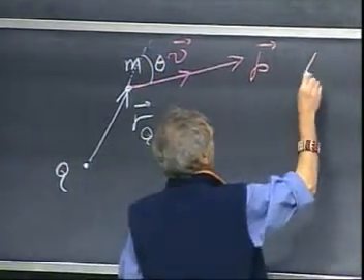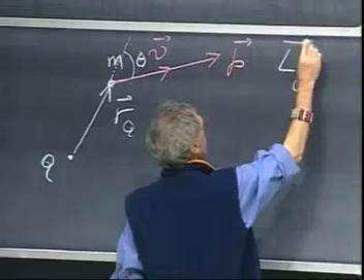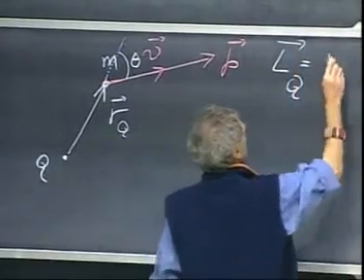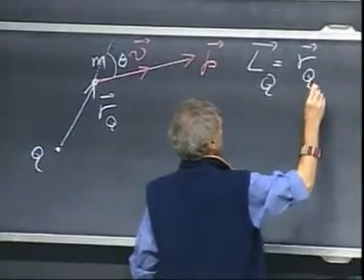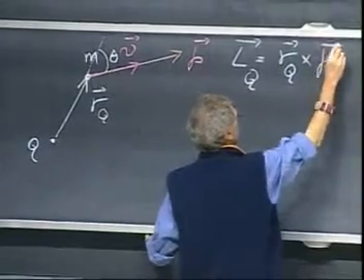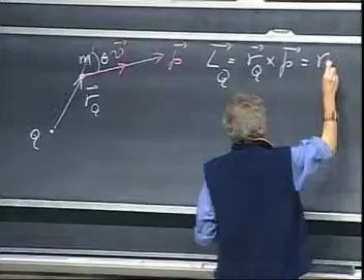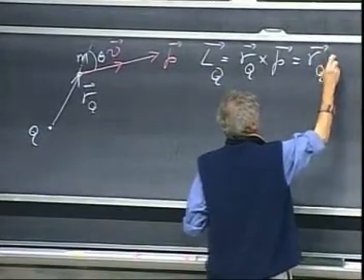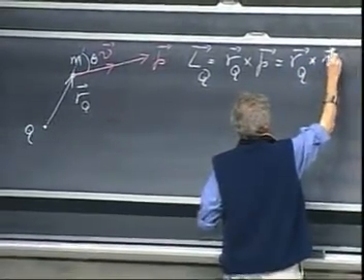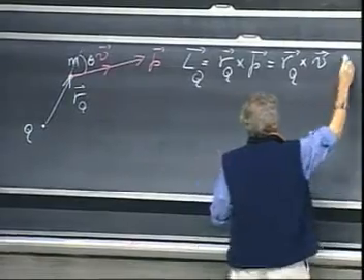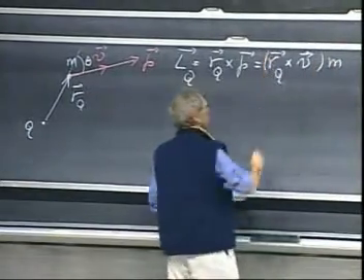An angular momentum relative to that point q, it's a vector, is the position vector relative to that point q cross p. So it is r of q cross v and then times m.